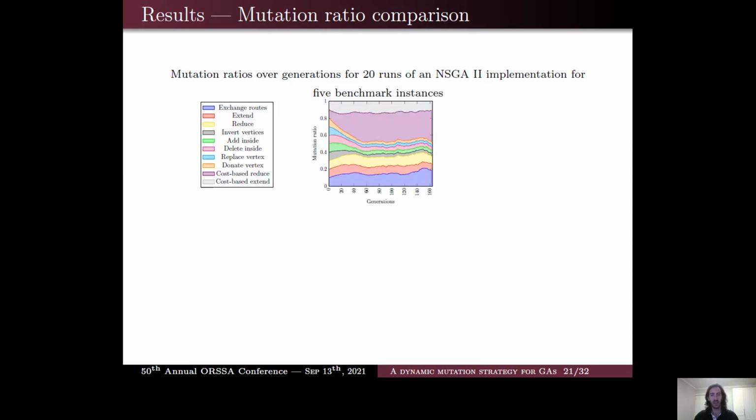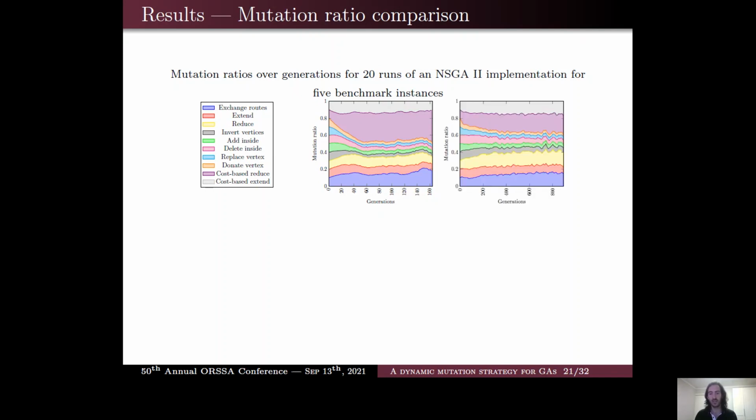So for the Mandl 6, we can see the various mutation ratios over time, with the horizontal axis being the number of generations and the vertical axis being the mutation ratio for each of these mutation operators. It's interesting to note that over generations, the cost-based reduce does increase in performance, and more computational power is afforded to this operator due to its better performing qualities.